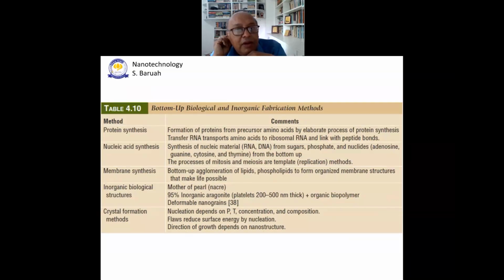Now, going up to the biological system of making nanoparticles using the bottom-up technique. So all these syntheses, you guys know more about these than me, I'm sure about that. So protein synthesis, and then nucleic acid synthesis, all those things that you do, all right?